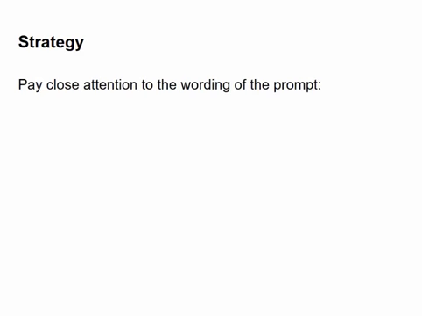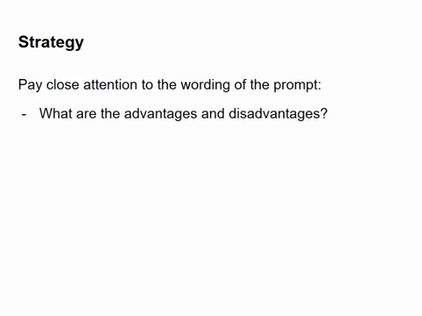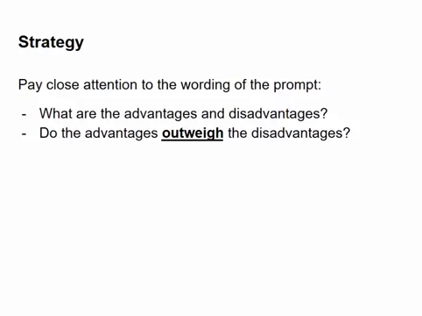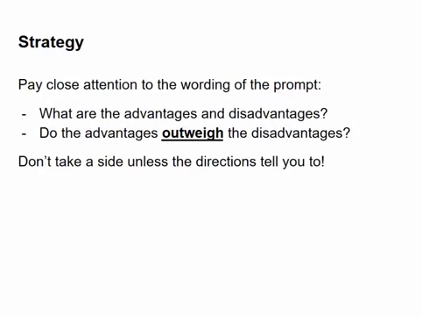Okay, as we saw on the previous page, there are 2 basic types that you get from this question type. What are the advantages and disadvantages? And do the advantages outweigh the disadvantages? Okay, there are some different ways of asking this question, but these are the 2 basic types. And they're 2 types because with one of them, the first one, your job is simply to explain advantages and disadvantages.